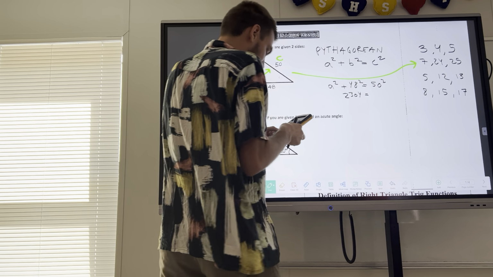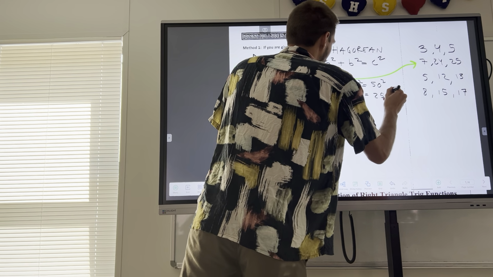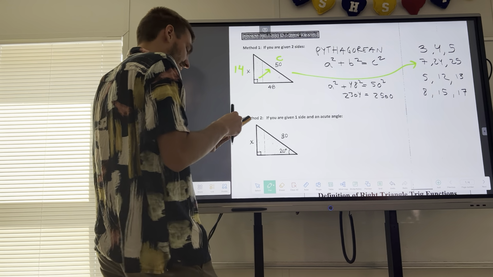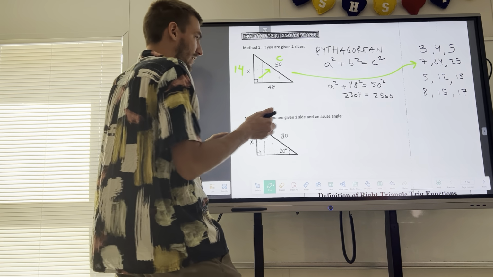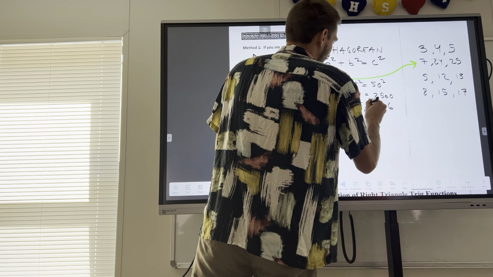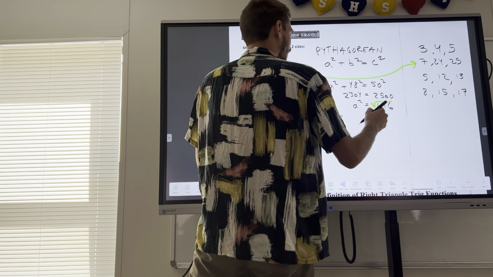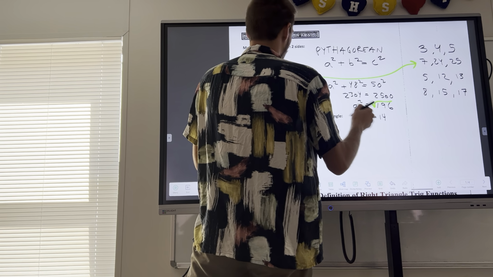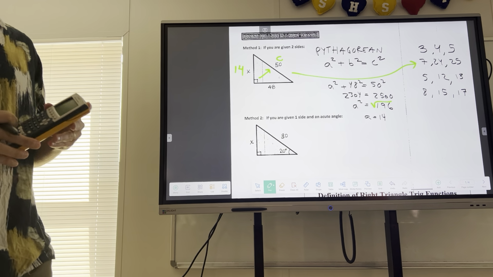I mean, that's awful. 50 squared is 2,500. We're going to need to subtract that to the other side. Minus 2,304. Okay, that's 196. And just like we thought, we know 196 is a perfect square. A is equal to 14. Just like we thought. Everything fantastic. We're good on that question?